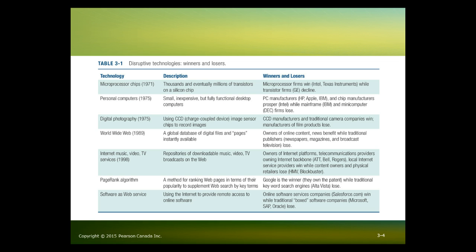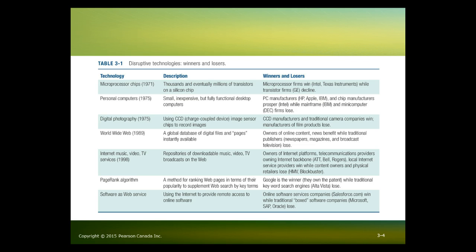If we look at a bit of history here, we see that we do have a lot of technologies that disrupted and changed business forever, all the way from the microprocessor in 1971 to software as a web service, something that we'll be talking about further, software as a service, and all the things in between, like the advent of internet music, internet video, and TV, and of course the World Wide Web in 1989.